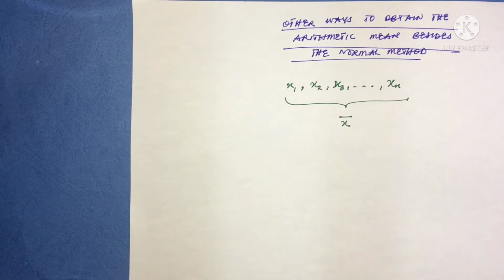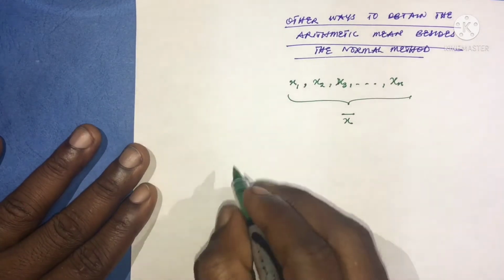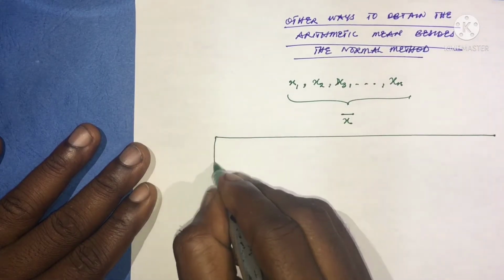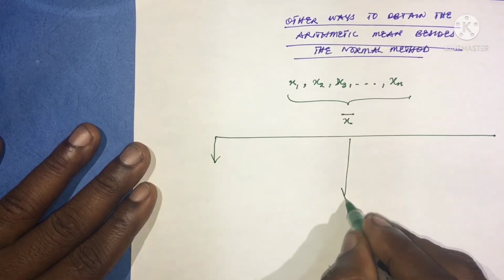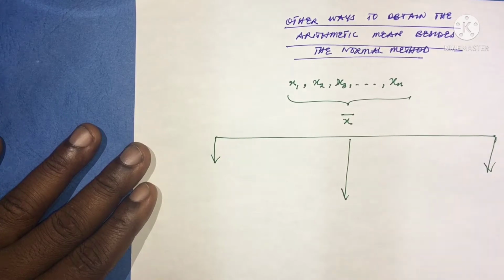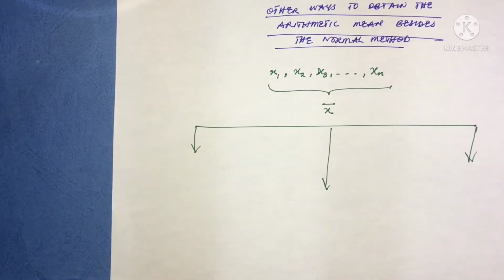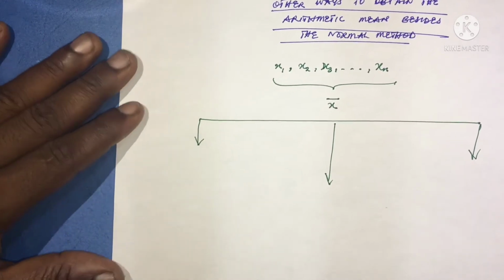That was our starting statement. There were three categories on which the way to obtain your arithmetic mean depends.